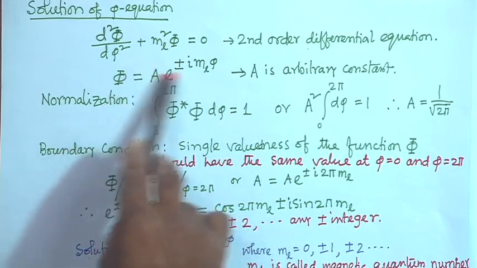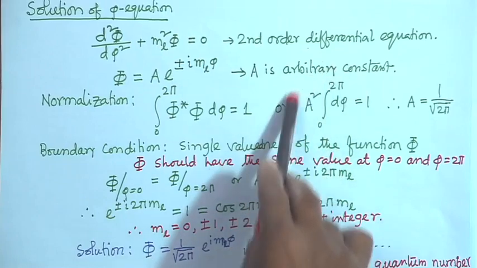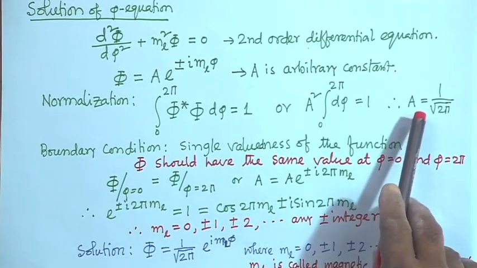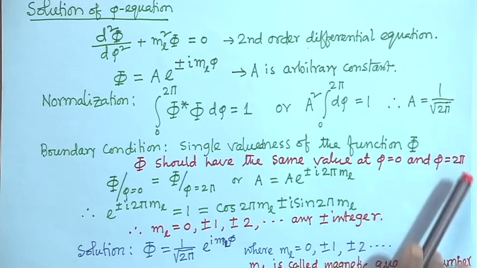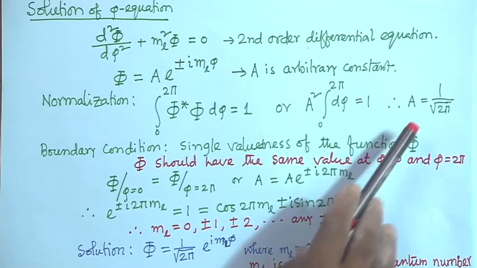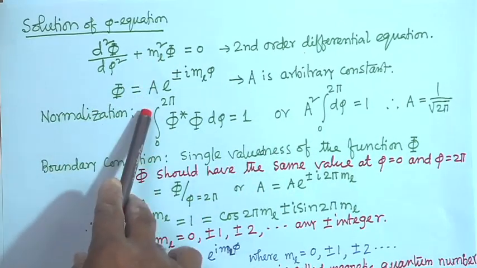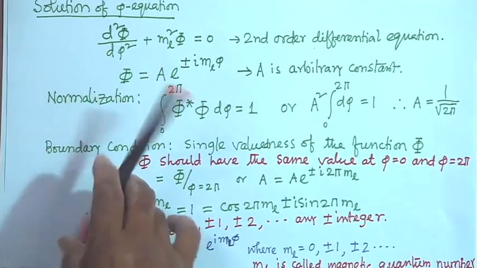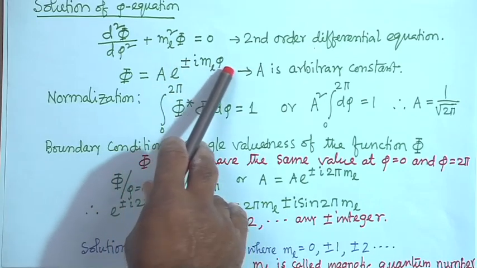If you put phi equal to this and integrate, you will find that the arbitrary constant A is 1 by 2 pi. So now we have the normalized wave function: phi equal to 1 by square root of 2 pi e to the power plus minus i m l phi.